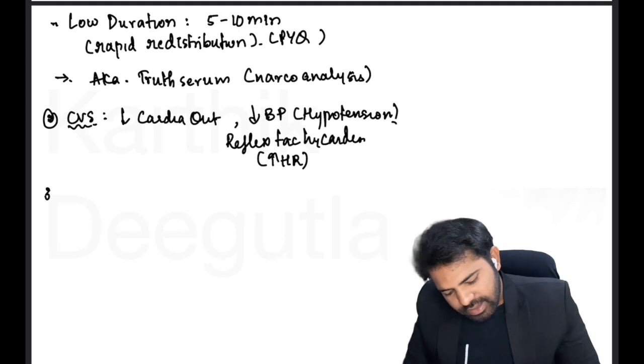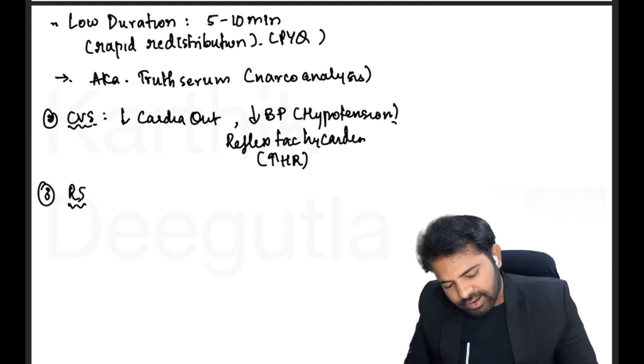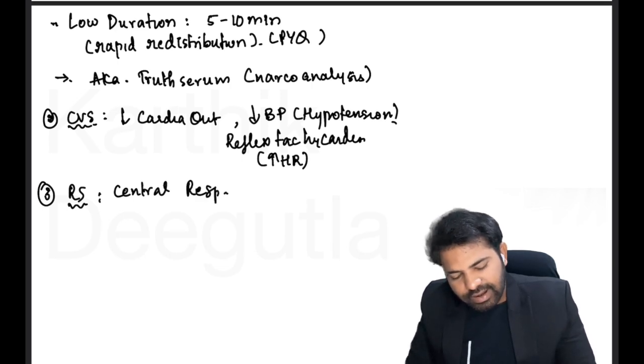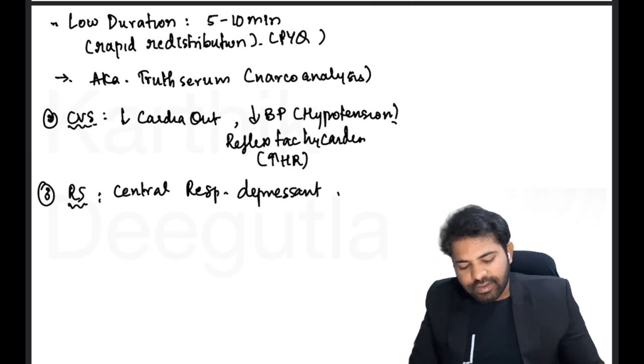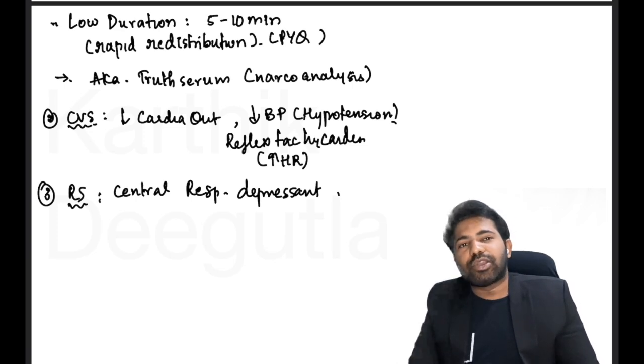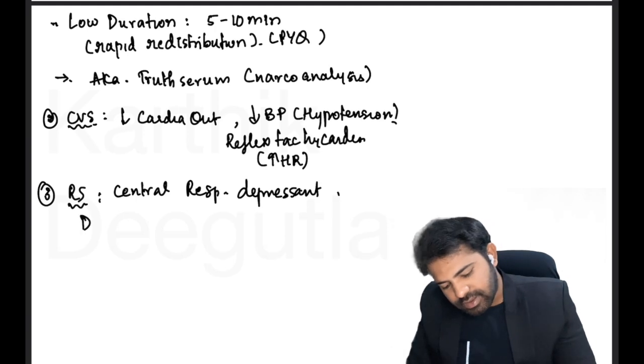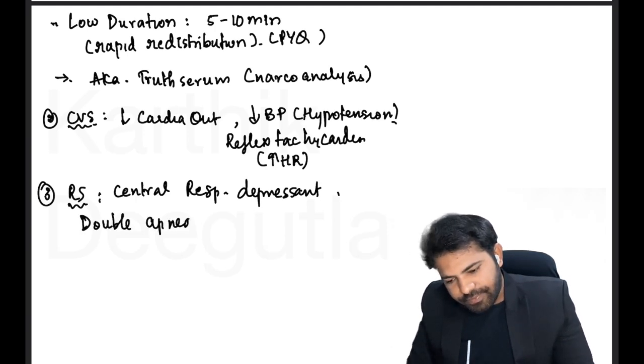Clear? Then what is its effect on the respiratory system? It is a central respiratory depressant. For thiopentone, there is a peculiar feature known as double apnea. So what is double apnea?